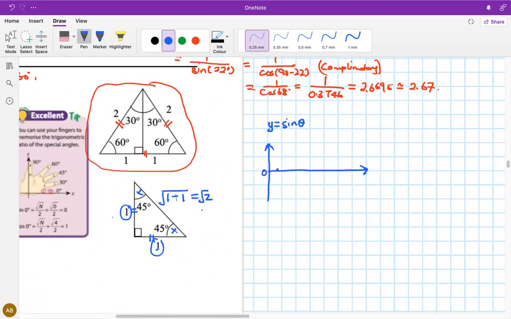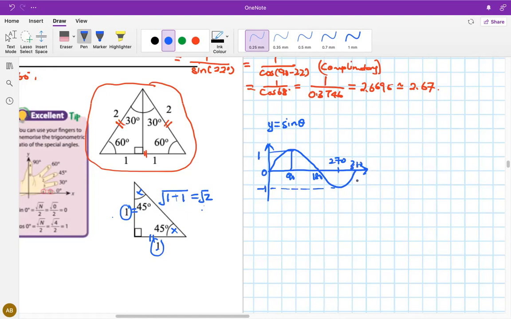If this is 0, then it goes up to 90 degree is 1, then coming to 180 is 0, then going down, minimum at 270 is -1, and 360 is 0, then up again.